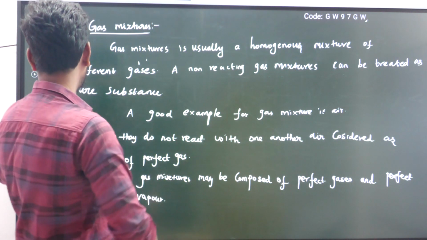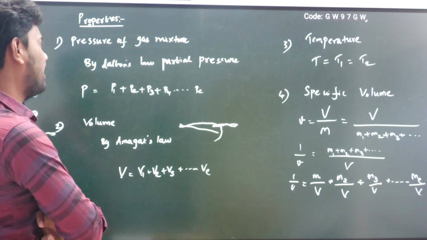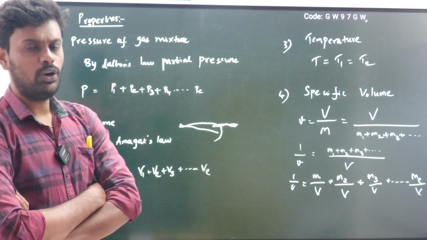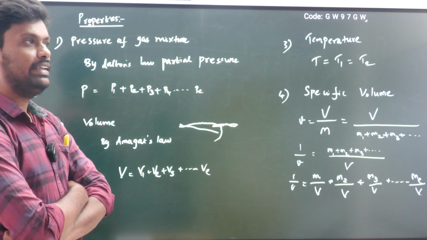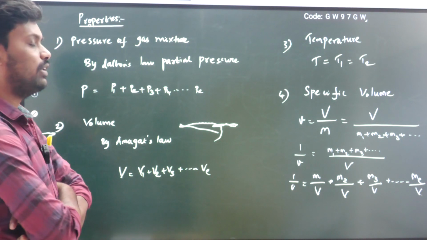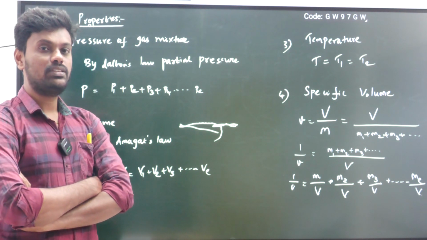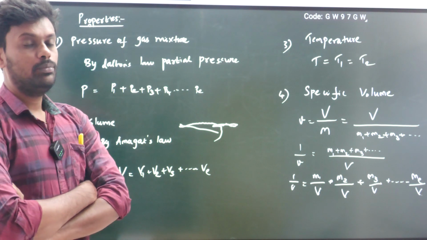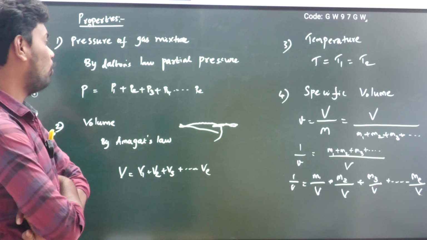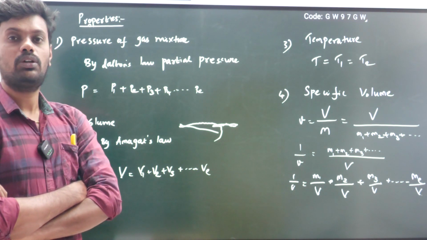Okay, next we have to see some properties of gas mixtures. In gas mixtures, how do we find the pressure of the gas mixture? There is one law, Dalton's law of partial pressure. What he is telling is, if there is a gas in a container, and you fill the gas, there are many molecules. If you want to find the total pressure, the sum of the partial pressures of the gases will be equal to the total pressure of the gas.